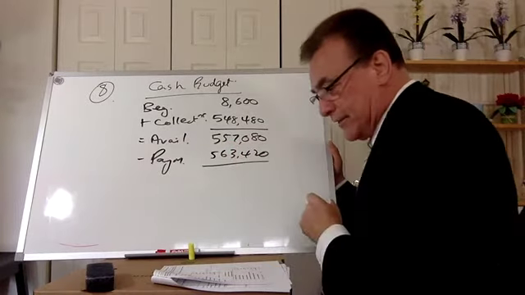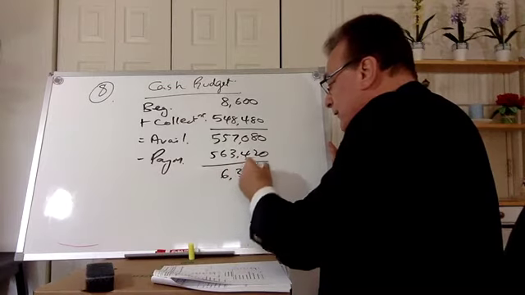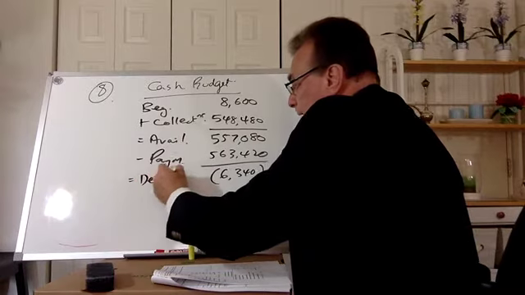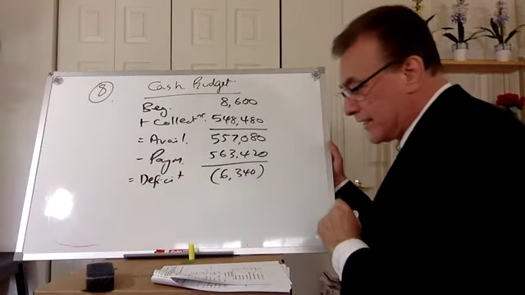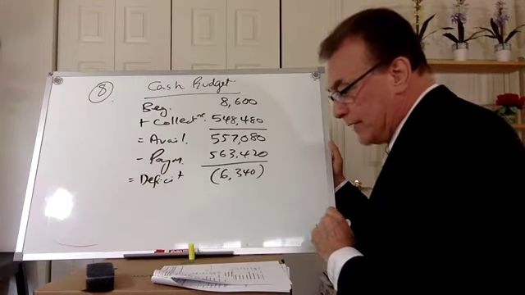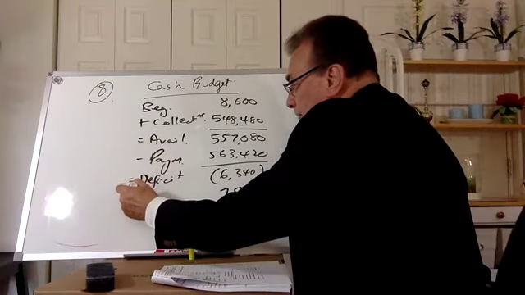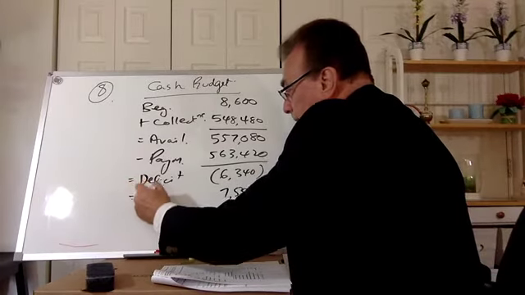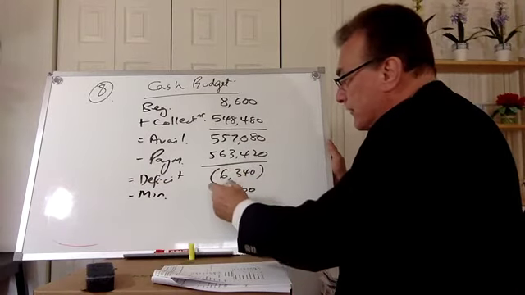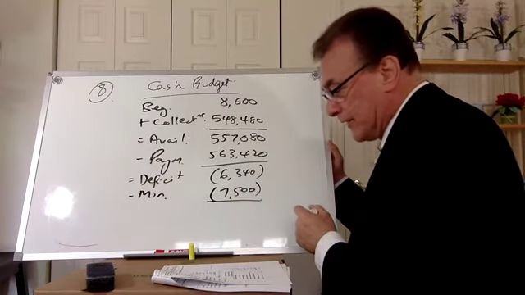Therefore, you have a deficit or a shortfall of 6,340. Okay, I'll call that a deficit. Some people might call it a shortfall, but you're $6,340 overdrawn. Now you want to have a minimum cash balance of 7,500. So you're short 6,340. You've got to go borrow another 7,500 to get it up to 7,500.